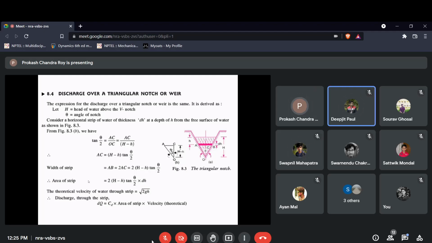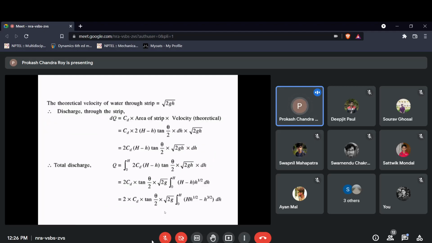Now, in a similar approach to the earlier one, the theoretical velocity through the strip will be root over 2gh. So the discharge through the strip is the area of the strip multiplied with the theoretical velocity.